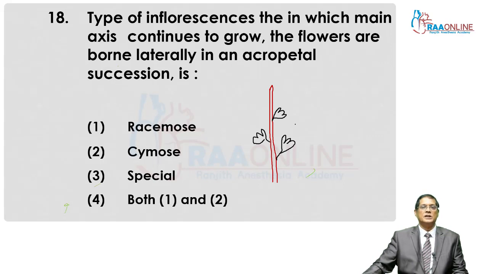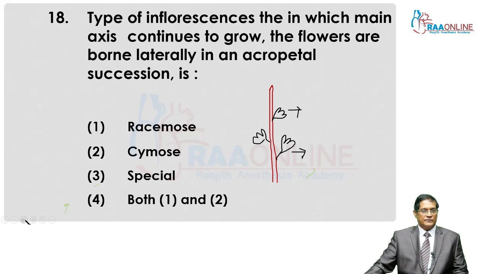This is the property of racemose inflorescence. Older flowers at the base, new towards the apex. Such arrangement of flowers is known as acropetal succession.